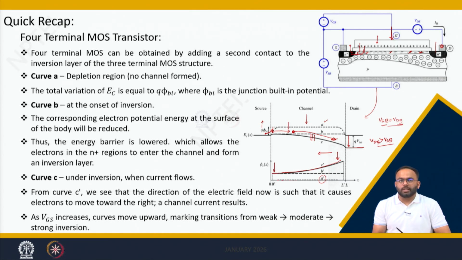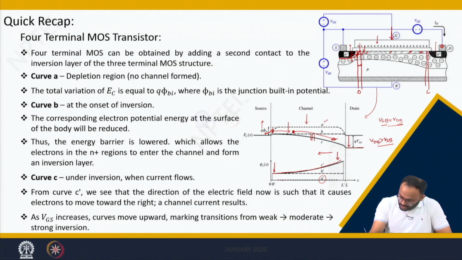We also considered that, for simplification, we neglect the transition region, meaning we assume the depletion region is expanded at the P side and there is no expansion of the depletion region on the N side. Further, we said that the channel length between 0 to L is wide enough that the transitions very close to these regions can be ignored.